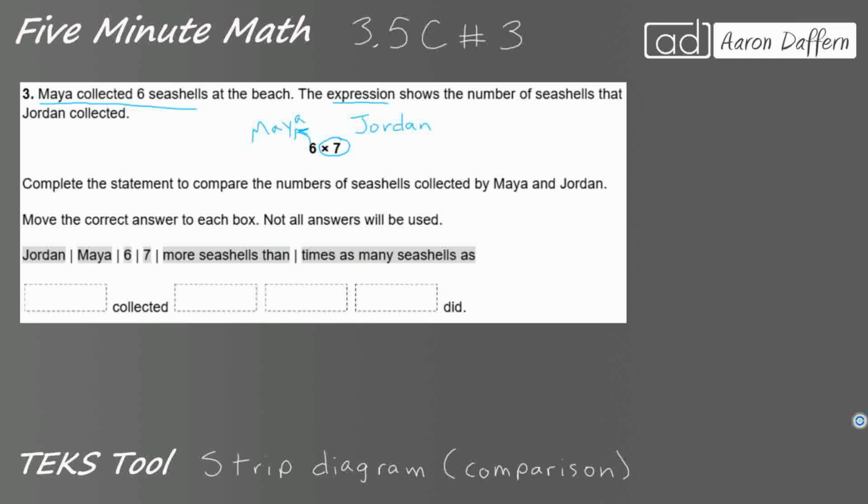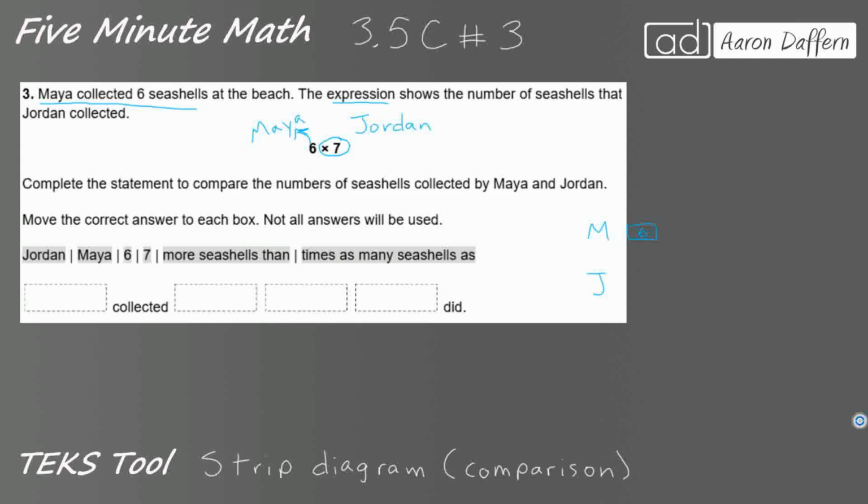Let's draw that as a strip diagram to make sure we're understanding it. So I'm going to put M for Maya. I'm just going to give her one little box here. She collected six. Now, Jordan did not just collect seven, she collected seven times as much.